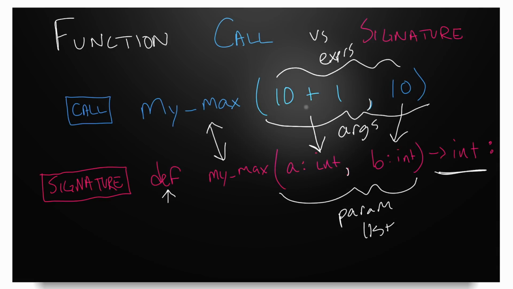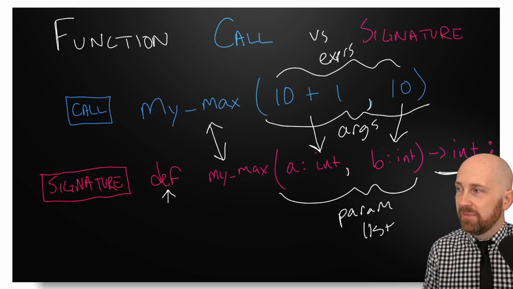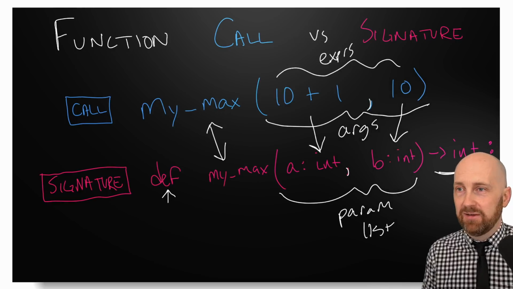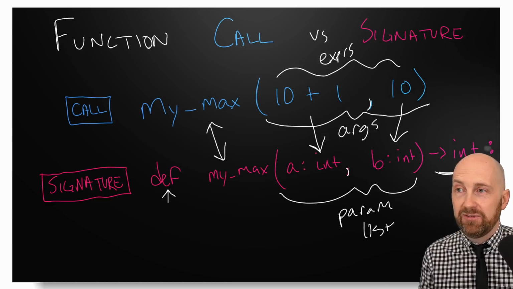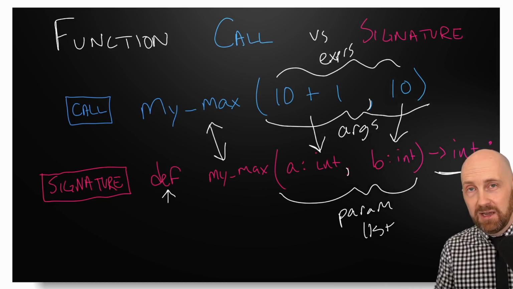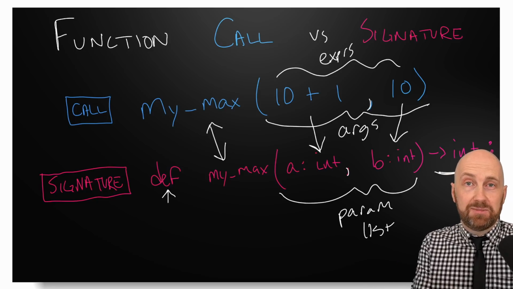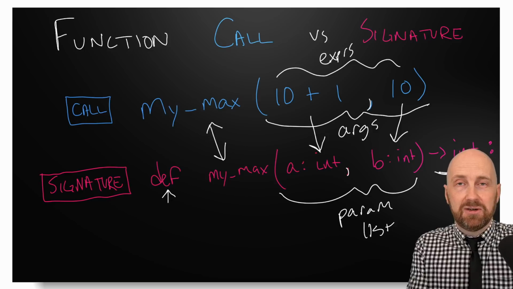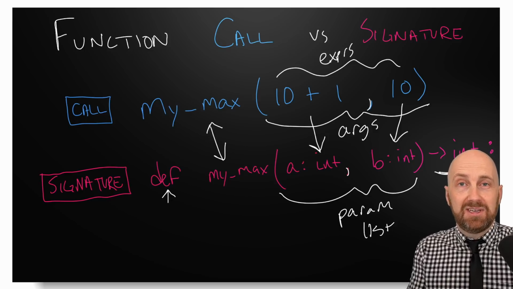It's implied that when you call this function, we know that it's going to evaluate to an integer because that's how the function was defined, all right? And lastly, when you see the signature, it has the colon at the very end of it in order to say, okay, what follows after this is the actual definition, the actual recipe, the implementation, the procedure the processor will follow when this function is called.